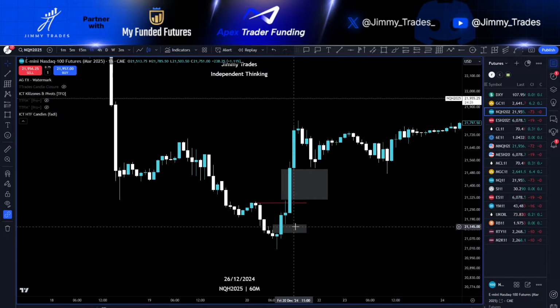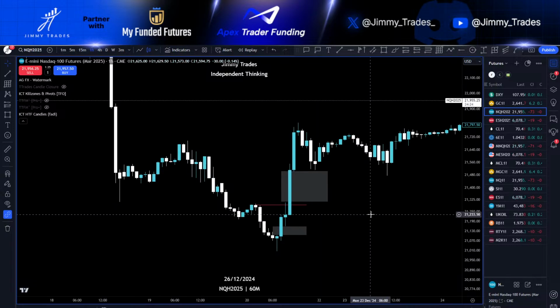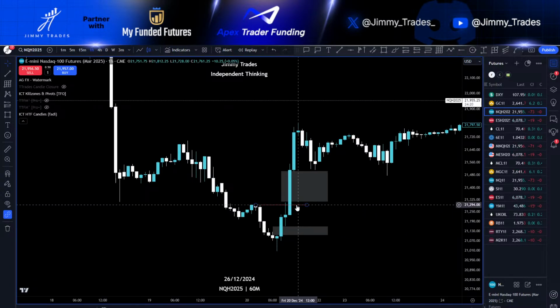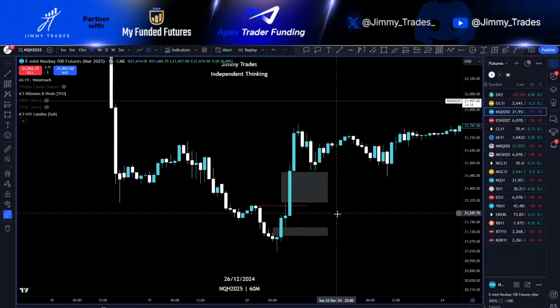And there's also a breakaway gap here. Price hasn't reached back into this level. So this is a really good example of a change in the state of delivery. So we should find a tricky one, something that makes it a little bit more difficult to identify.